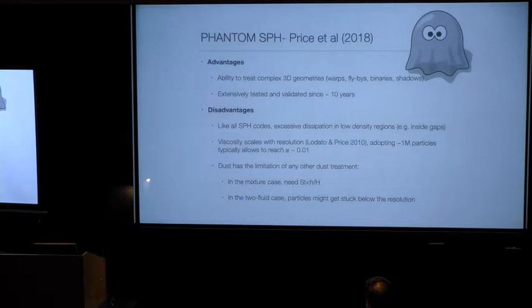In the two-fluid case, when you have a large Stokes number, there is this problem that dust particles might get stuck below the resolution length, which can cause some spurious effects. But I think these limitations are inherent in all the dust treatments in all the codes.